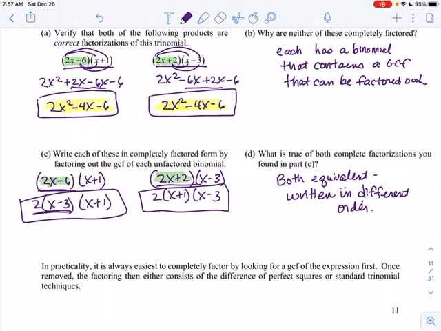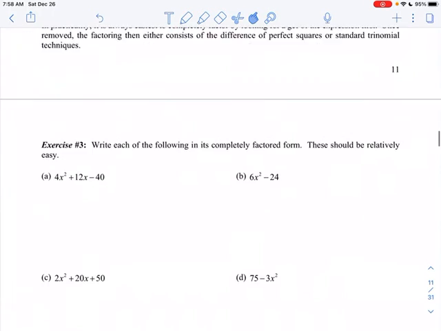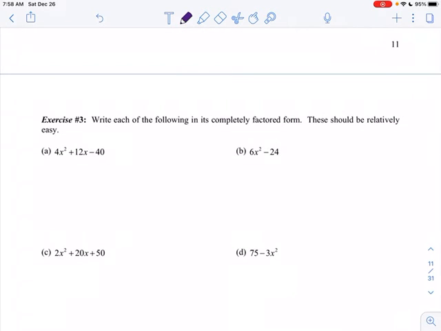All right, so when we factor completely, basically we're going to look for the greatest common factor first, and then what's left, I have to look to see if it's a trinomial I can factor, or if it's a difference of two perfect squares I can factor. But the first step always is to look for the GCF.